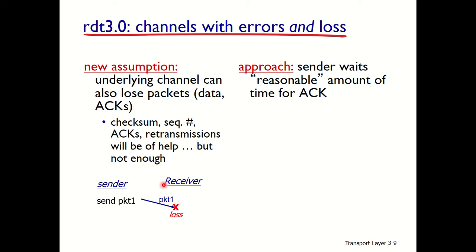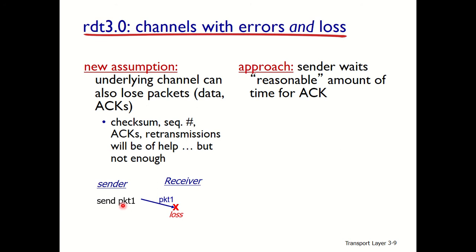In this case, the checksum, sequence number, acknowledgement, and retransmission are not helpful. So what should we do? How can the sender come to know that the packet is lost? The sender can come to know that the packet is lost by using a timer. The sender should wait for a reasonable amount of time for the acknowledgement. If the sender transmits packet number 1, then it will wait for a certain time.